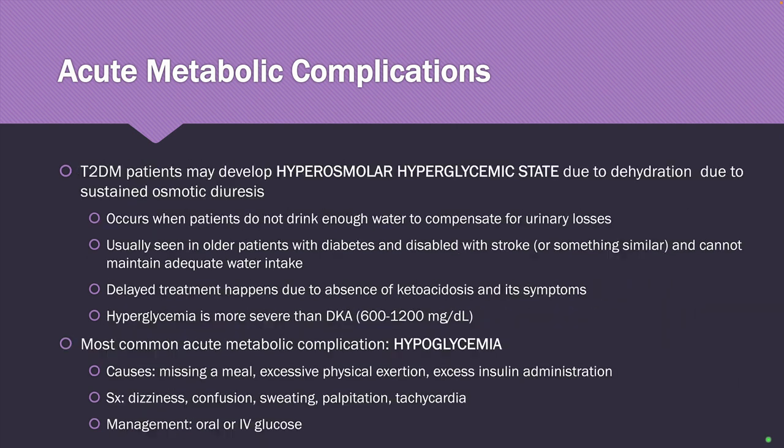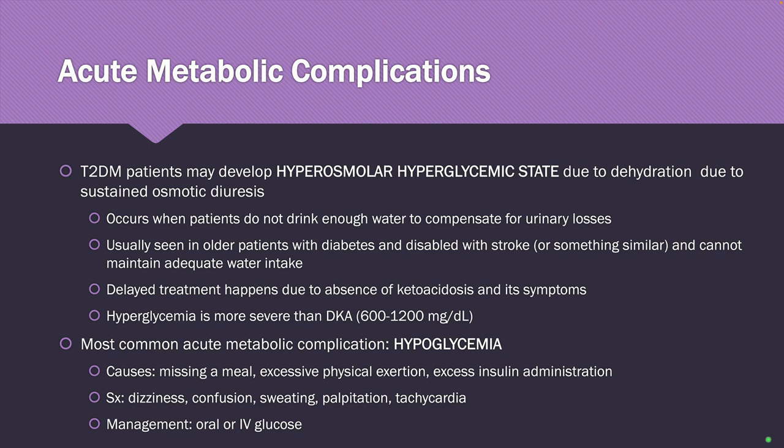For type 2 DM, however, instead of DKA, what can happen is a hyperosmolar hyperglycemic state due to dehydration due to sustained osmotic diuresis. This happens when your patients do not drink enough water to compensate for urinary losses. It is seen in older patients with diabetes and patients disabled with stroke or something similar and cannot maintain adequate water intake.